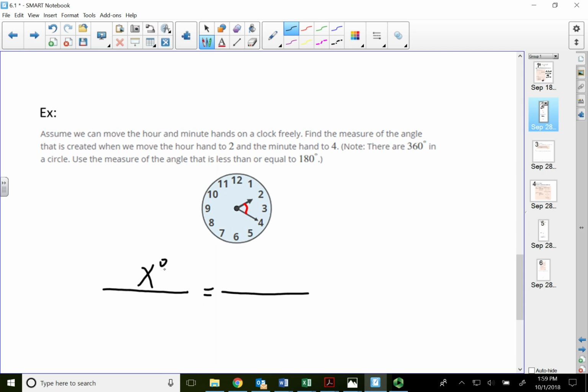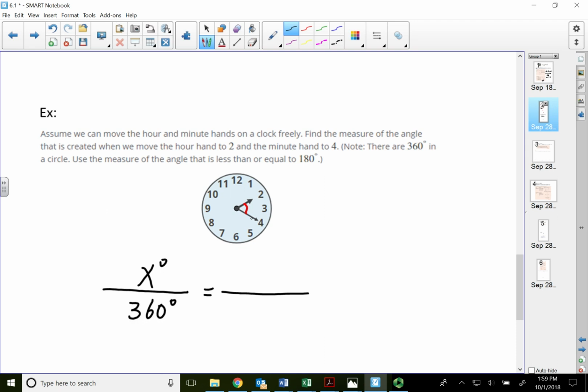This x degrees is part of the whole entire circle, because we can move this hand all the way around back to 4. When I make a complete circle on the clock, that is 360 degrees.